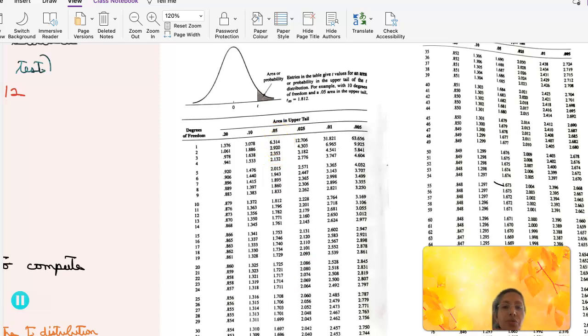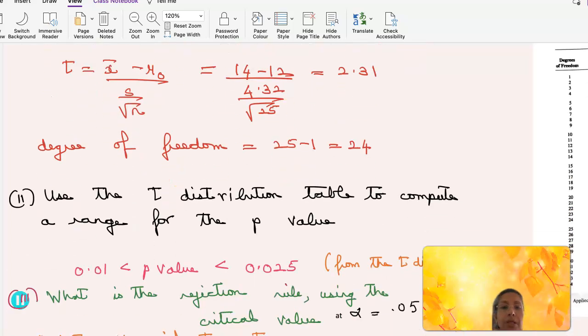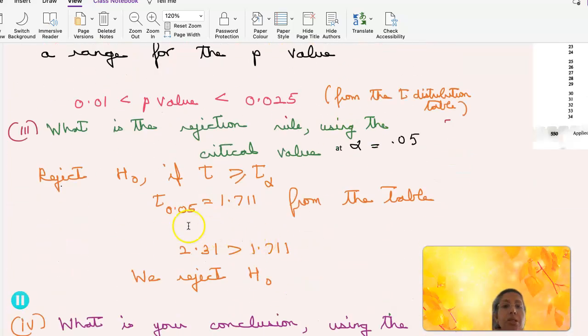So the t 0.05 is 1.711 and your value of the test statistic is 2.31, which you calculated in the first part. So 2.31 is greater than 1.711, so we reject H0.